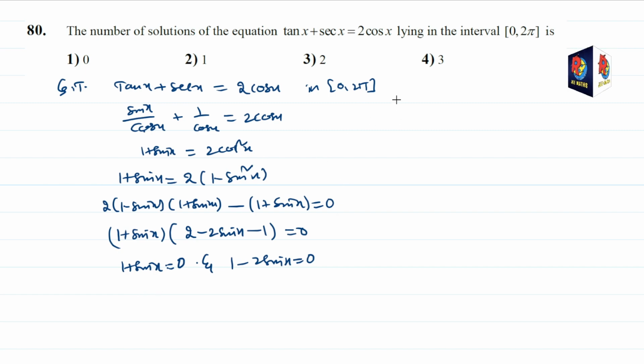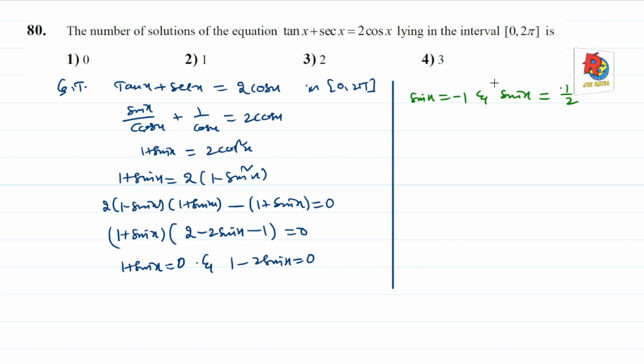Therefore, here we can observe that I go for this one here: sin x equals minus 1 and sin x equals 1 by 2.